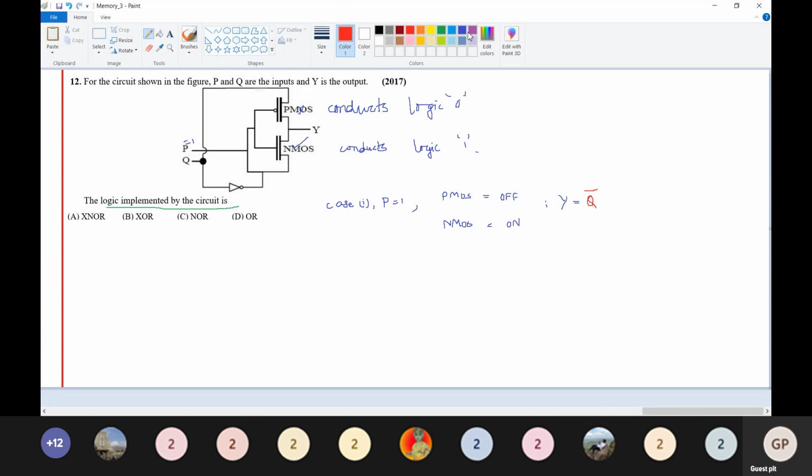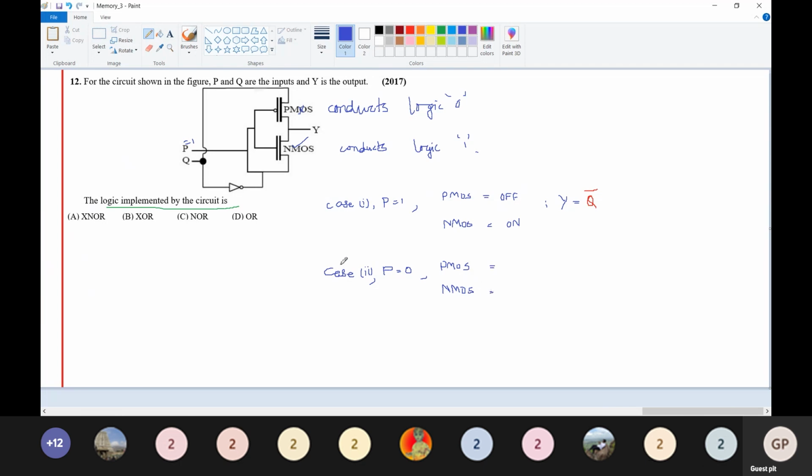Next, case 2, P is equal to 0. We'll see what is the condition of the PMOS and the NMOS.